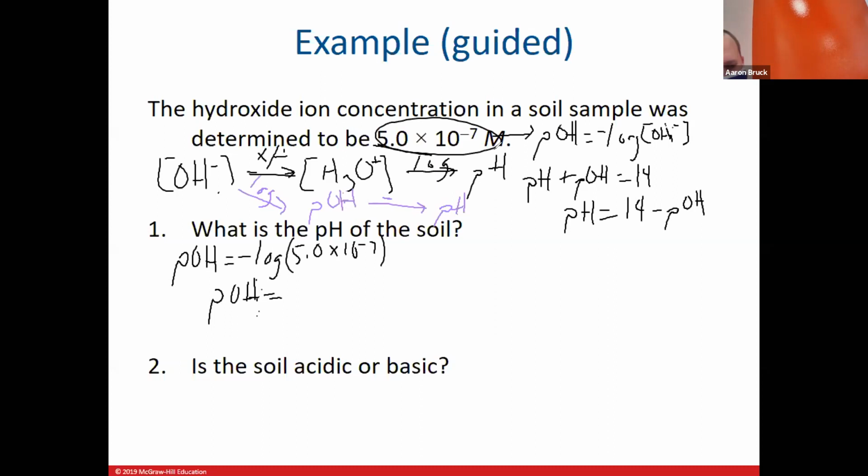So put that into my calculator, 5 times 10 to the negative 7th, the logarithm, I get the opposite of negative 6.30. Negative of a negative is positive, so my pOH is 6.30.